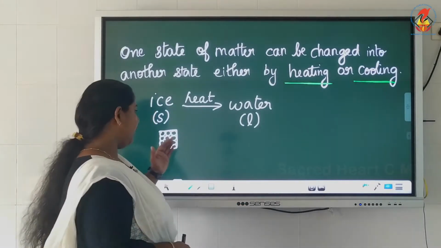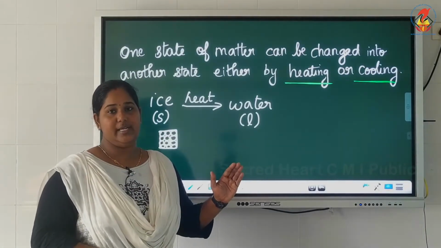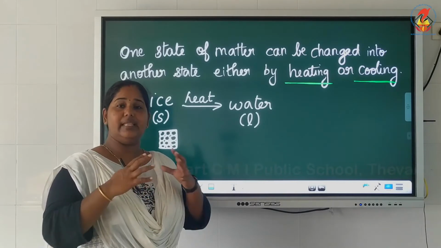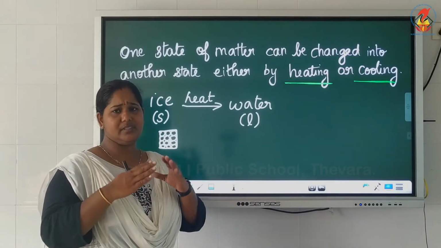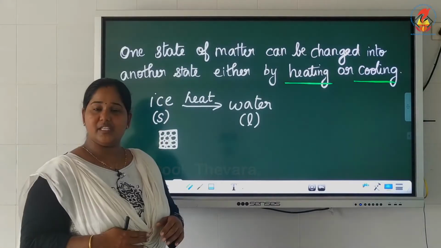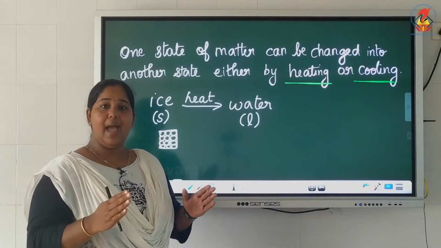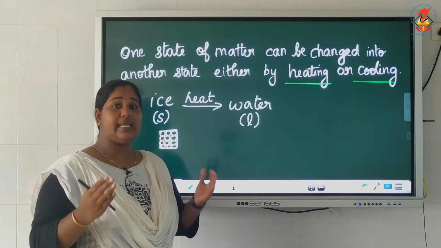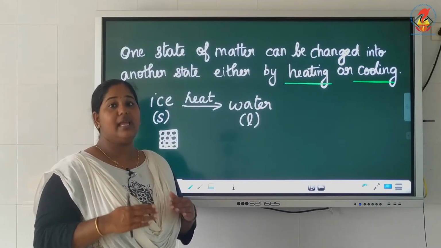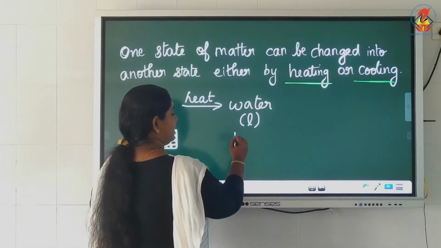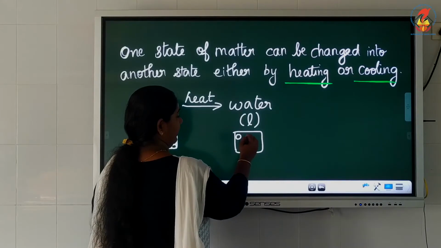So here you are heating the molecules of a solid, and first they were tightly packed, but due to the heat they move apart. It means they move away from each other. And when they move away from each other, what happens? The gap, the interstitial space between the molecules, increases or decreases? Increases. The space between the molecules increases and the arrangement will be like this.